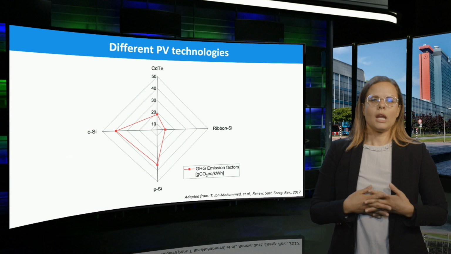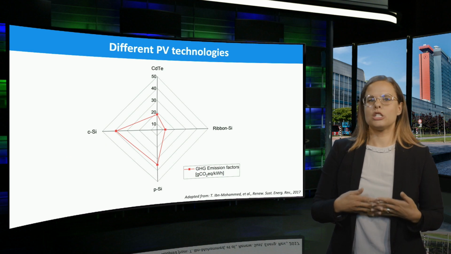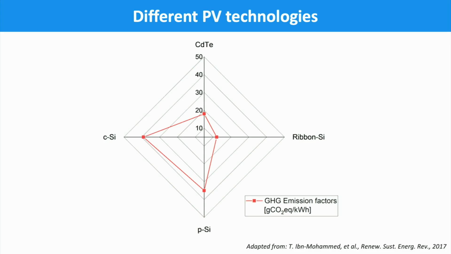Furthermore, other PV technologies need to be considered as well. Here, we see the carbon footprint, the so-called greenhouse gas emission factors, for different PV technologies from a comparative study. The absolute values can be somewhat controversial due to the use of out-of-date data for these PV technologies. However, comparative analysis still makes sense.